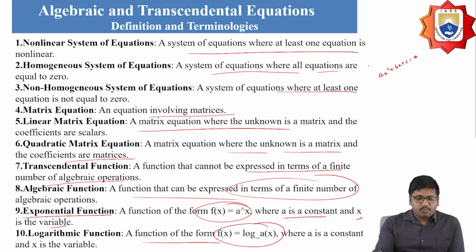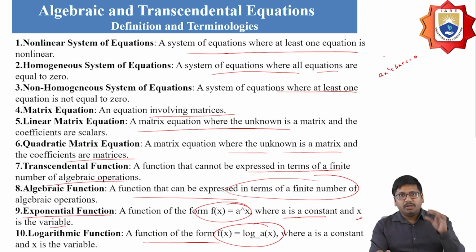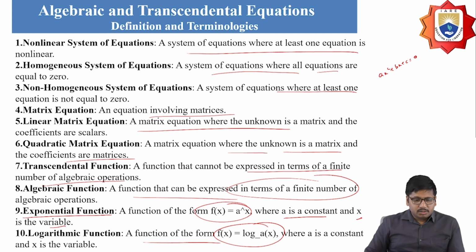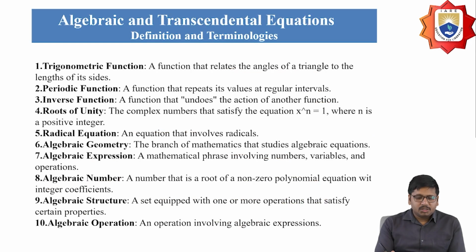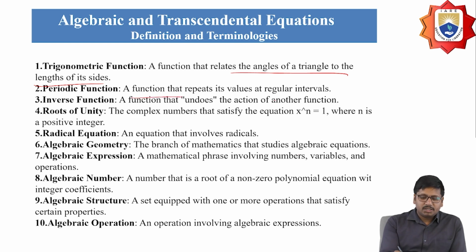These are the systems of equations and nonlinear systems of equations, which involve algebraic and transcendental equations. Next, trigonometric function: a function that relates the angles of a triangle to the lengths of its sides. A periodic function is a function that repeats its values at regular intervals.